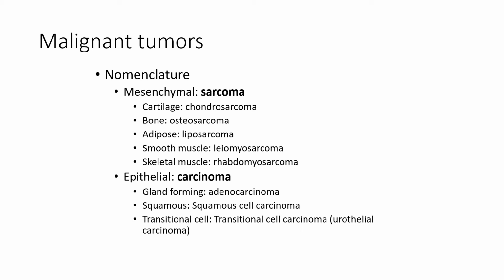If it's derived from the epithelium, it is called a carcinoma. And if the epithelium is gland forming, it is called adenocarcinoma. If it is squamous forming, it is squamous cell carcinoma, and if it is from the urothelial or transitional cell, it is called transitional cell carcinoma.